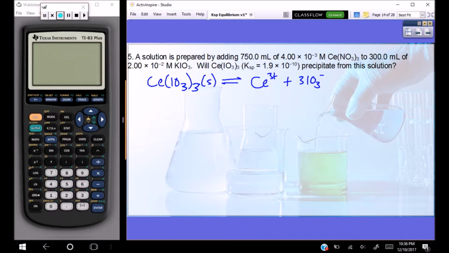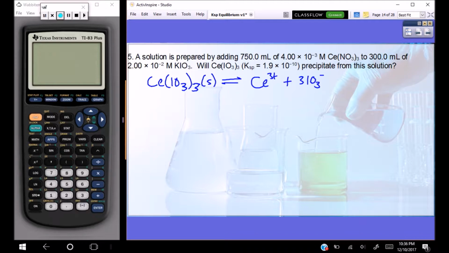Now, the tricky part here is that they give us a variety of concentrations and different volumes, so there is a little bit of a dilution going on. When we mix these two together, it will change our concentration, both because the reaction's happening and also because our volume is changing. So let me make a little note here.